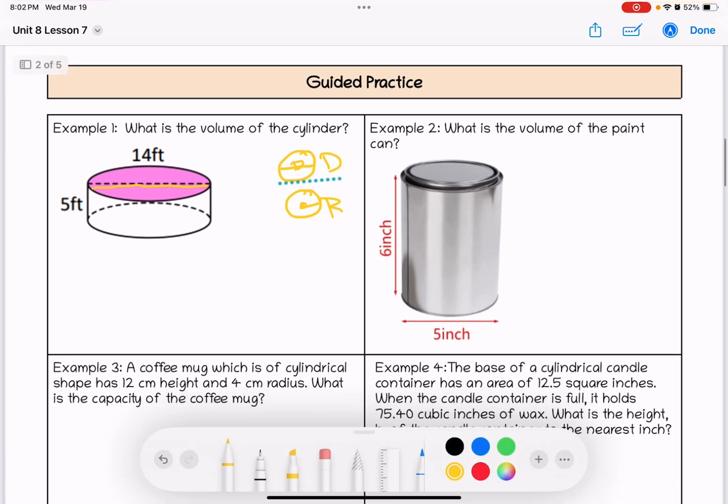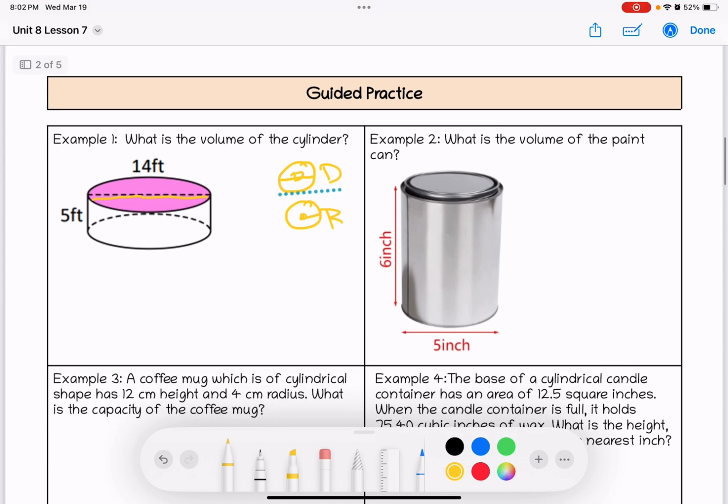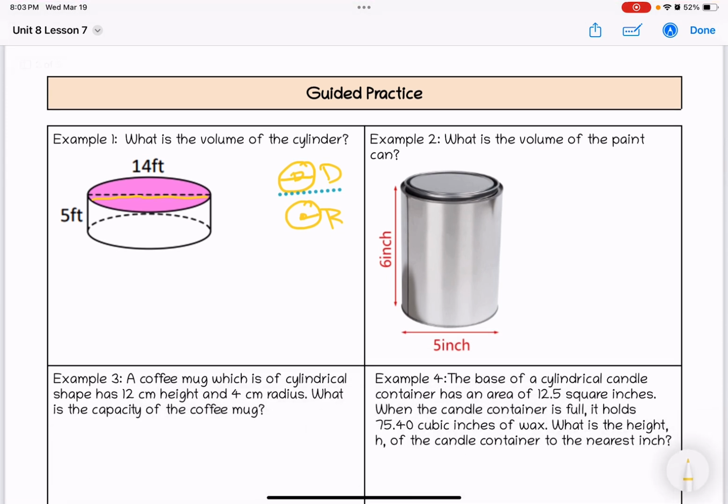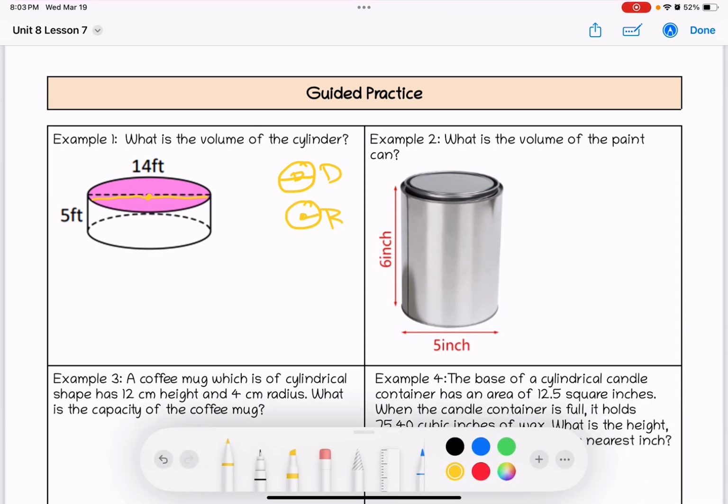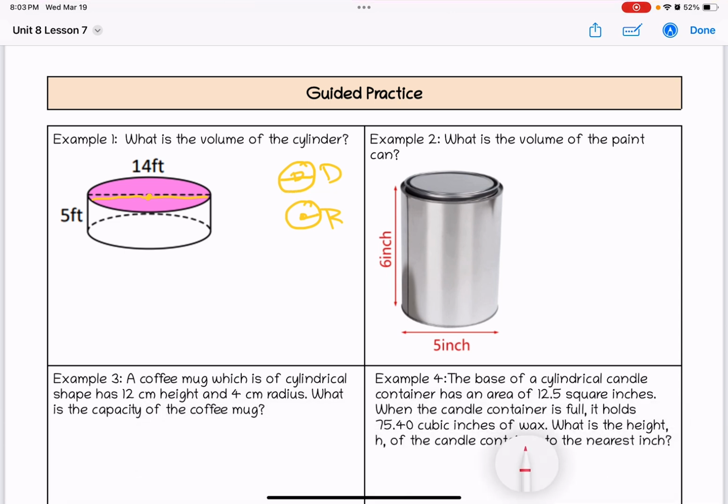So since they're giving me a diameter, I have to find the radius, which is right about there. Half of this would be 7. So this side would be 7 feet.